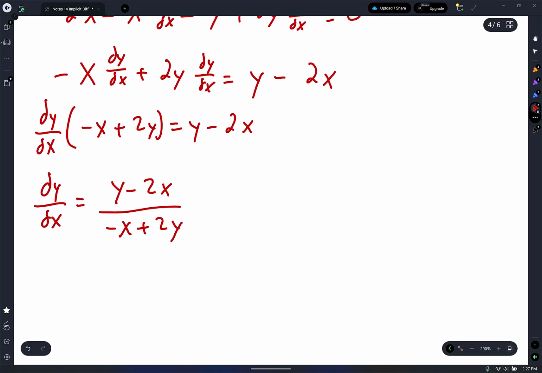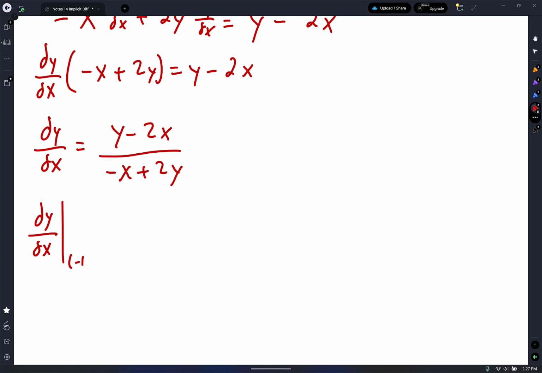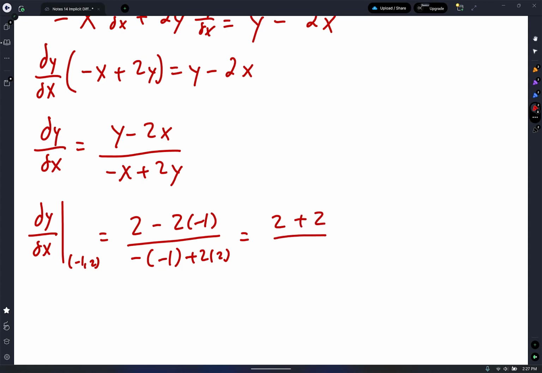So dy dx evaluated at the point negative 1, 2 equals 2 minus 2 times negative 1 over negative 1 plus 2 times 2. So 2 plus 2 over negative 1 plus 4. I hope I didn't make any mistakes. 4 over 5. That's my slope.